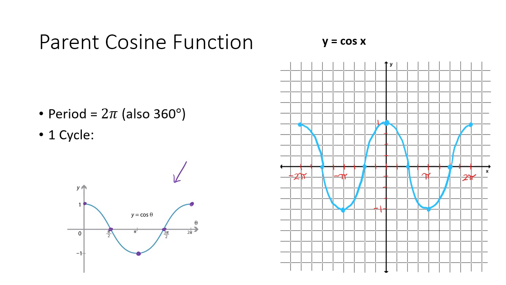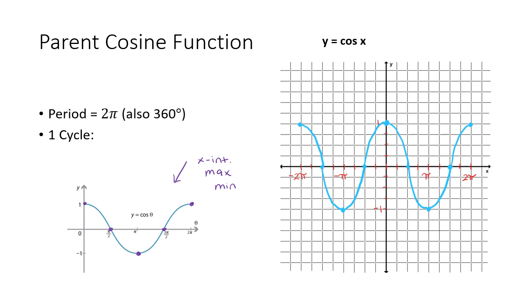So when we talked about the important points for sine, it's really the same things. We have our x-intercepts, our max points, and our min points. Those just occur at different spots when we're looking at cosine.